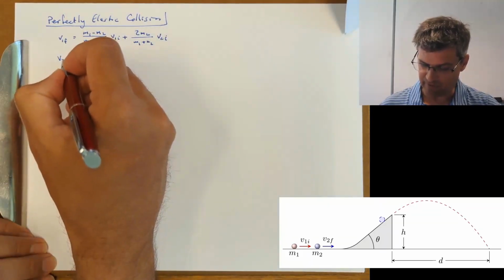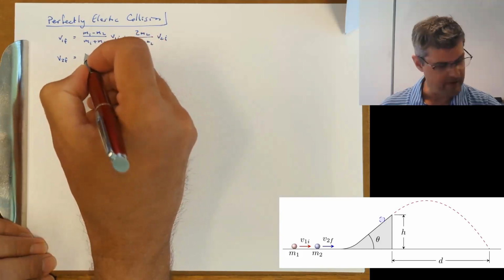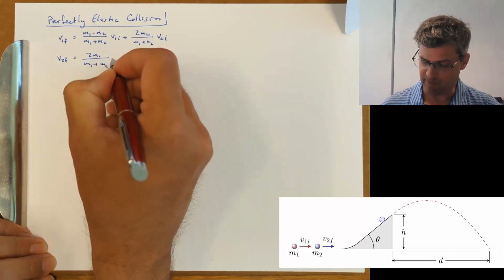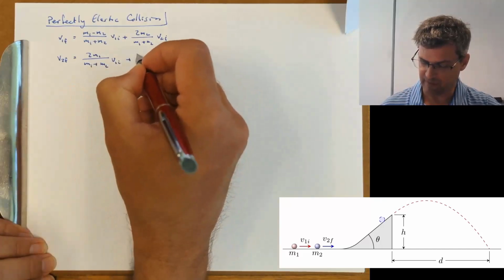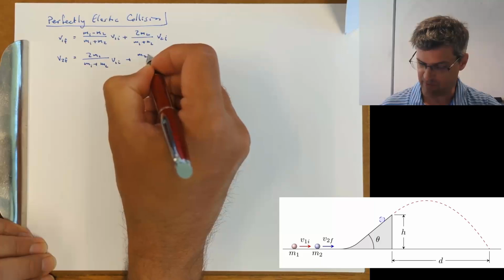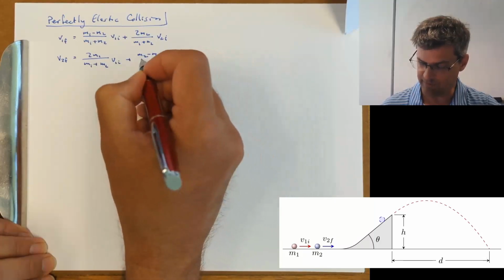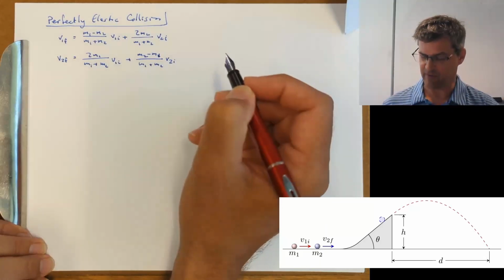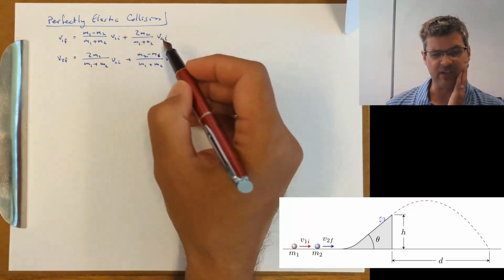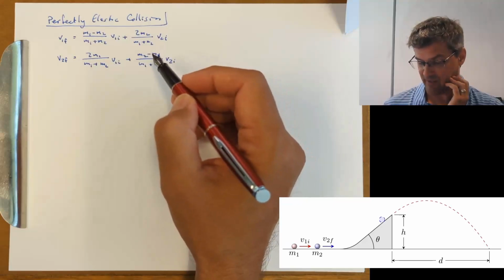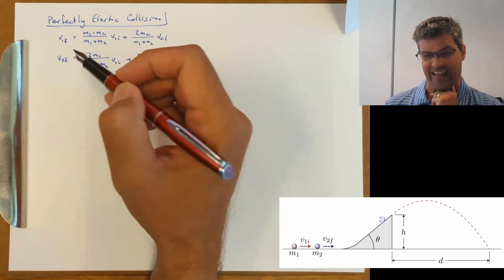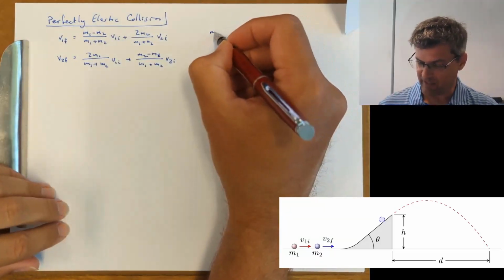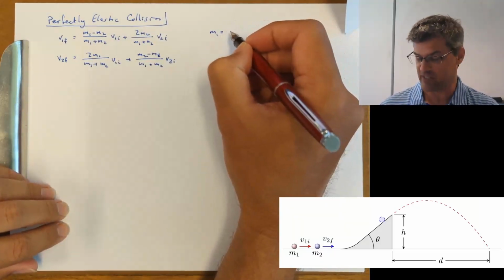And we also know that v2 final is equal to 2 m1 over (m1 plus m2) times v1 initial, plus (m2 minus m1) over (m1 plus m2) times v2 initial. So these equations are going to hold and allow us to find what the speed of each of these balls is after the collision.